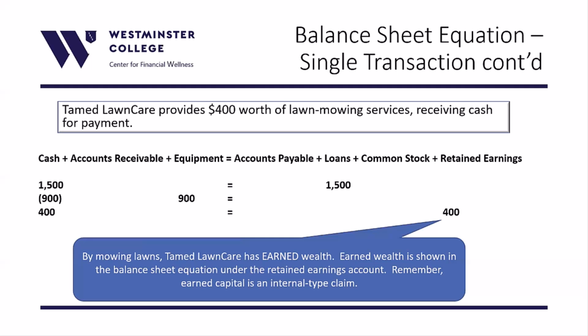So TLC's balance sheet equation is in balance. Okay, assets equals claims. Yep. All right. So it's important to understand the claims in this transaction were specifically internal claims that were earned. So we're going to return to this concept in just a few minutes.